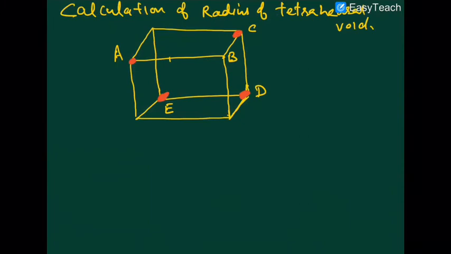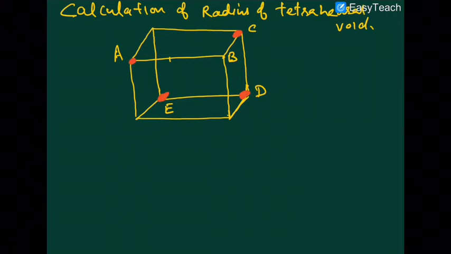A tetrahedral void may be represented by placing 4 spheres at alternate corners of the cube as given in the figure. You can see here that there are 4 red dots at 4 corners. These represent the 4 corners of the tetrahedron.